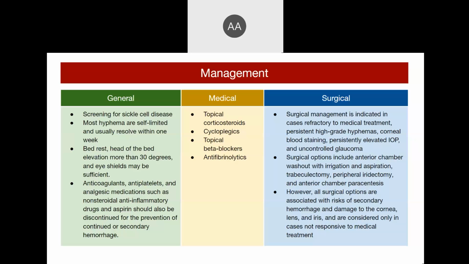Some of them will be associated with a chance of recurrent bleeding, and all of which need to be considered by the treating doctor whether to go surgically and wash out this AC or not, to clear this hyphema or not. So we do get afraid sometimes of corneal blood staining, which can sometimes be permanent, and it can affect the visual acuity of this patient.